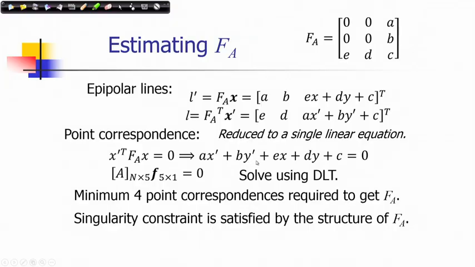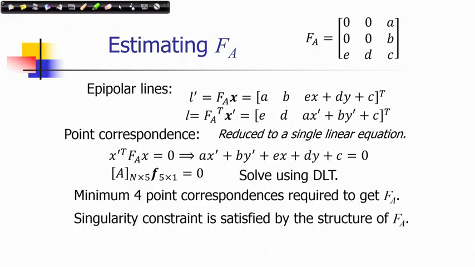in a much simpler form, and you can represent the set of linear equations again in matrix form in this way, and you can solve using direct linear transform. Since there are 4 independent parameters, you require only 4 point correspondences to get F A, and from the structure itself singularity is satisfied, because of the structure that all of the upper 2 cross 2 submatrix entries are 0.